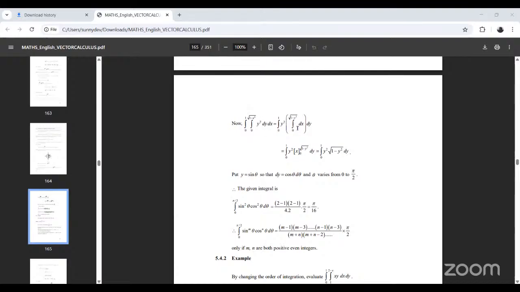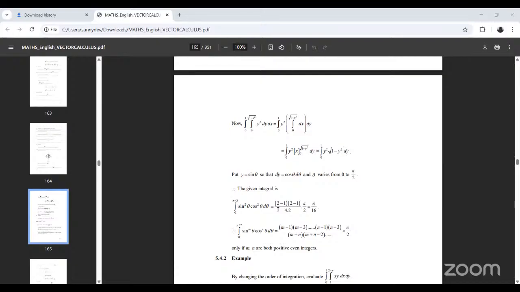Now that is changing: the x limits are 0 to under root of 1 minus y square and the y limits are 0 to 1. So first 1 into dx, that is nothing but x, from 0 to under root of 1 minus y square. So in place of x, we have to substitute under root of 1 minus y square, and y square into under root of 1 minus x square.